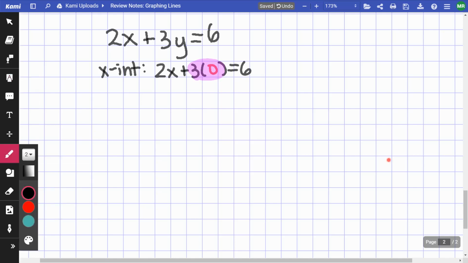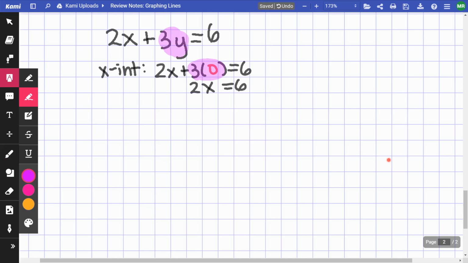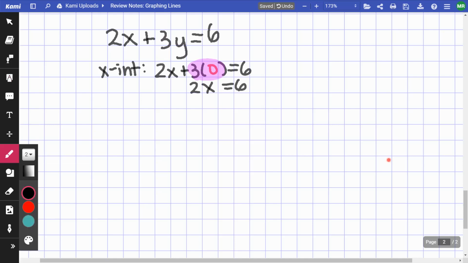And we get left with 2x is equal to 6. Up here originally, I could have just thought about this 3y being gone because I'm covering it up. And what am I left with that's not highlighted? 2x is equal to 6. When I solve this, I divide both sides by 2, and I get x equals 3.